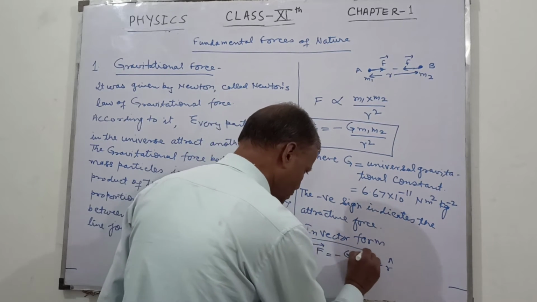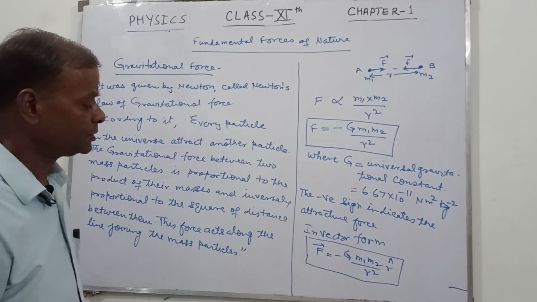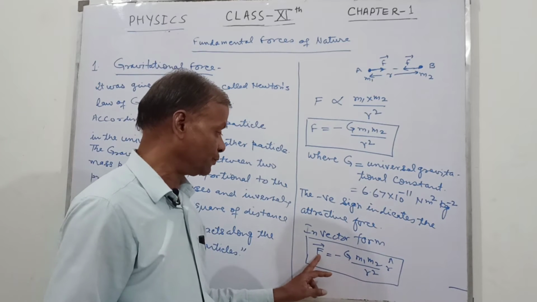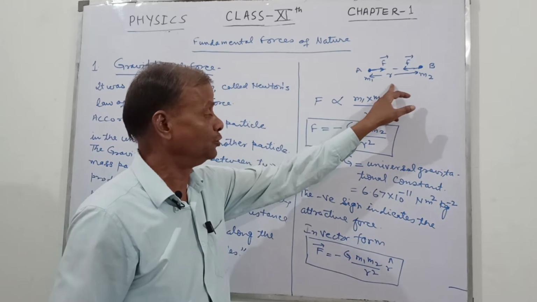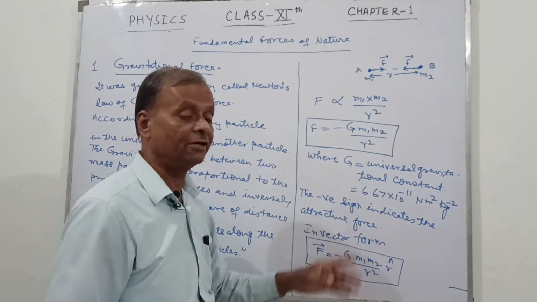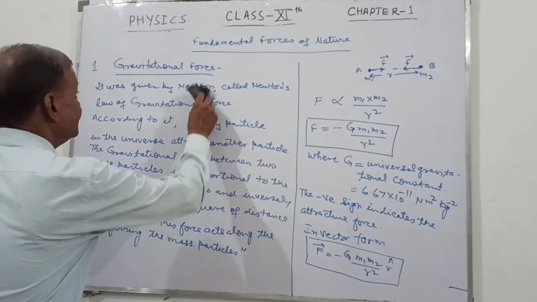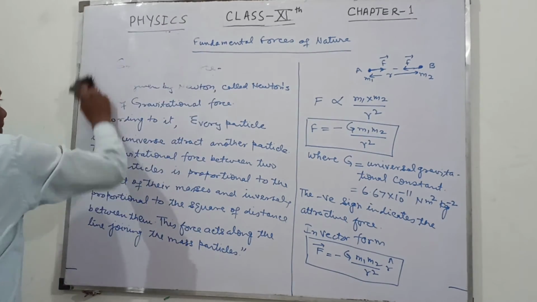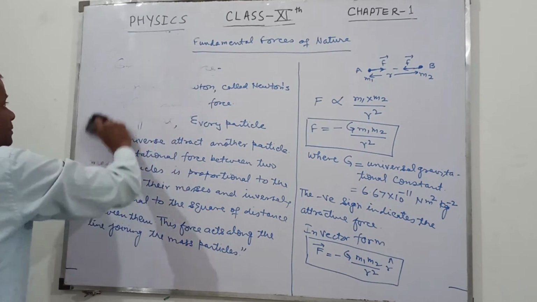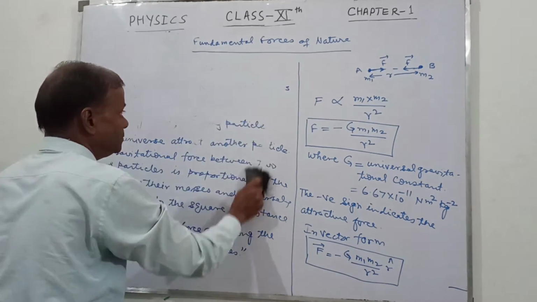This is the vector form. This r cap indicates that this force is always along the line joining the two mass particles. The mediating particle of this kind of force is the graviton. This force exists in the whole of the universe.